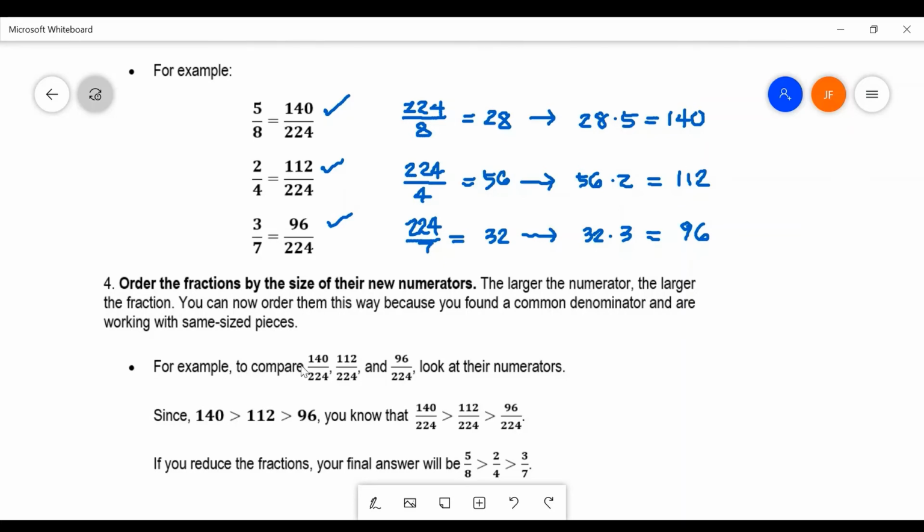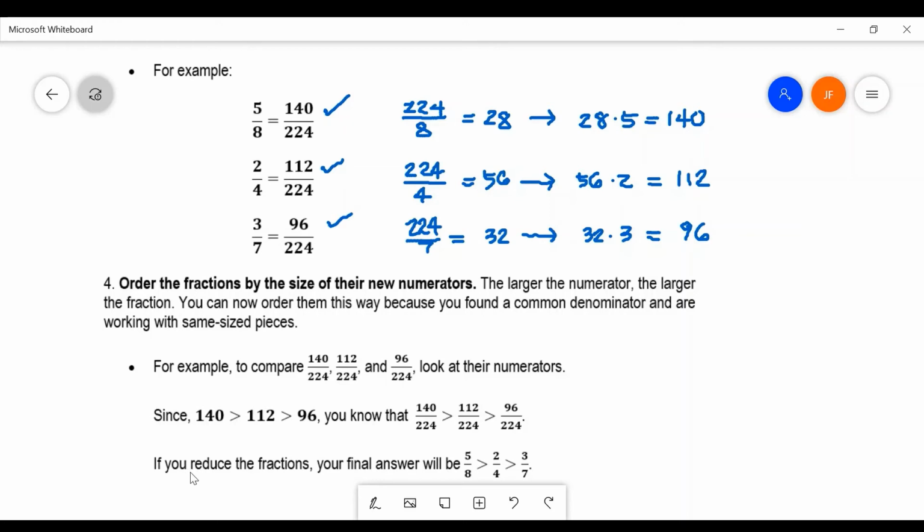So, for example, 140 over 224, 112 over 224, and 96 over 224. Look at their numerators since they have the same denominators. So 140 is greater than 112, greater than 96. You know that 140 over 224 is greater than 112 over 224, greater than 96 over 224.